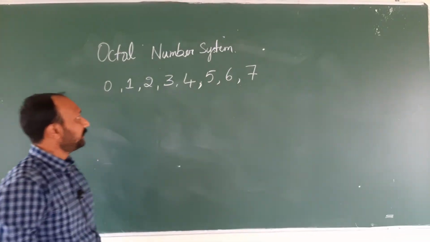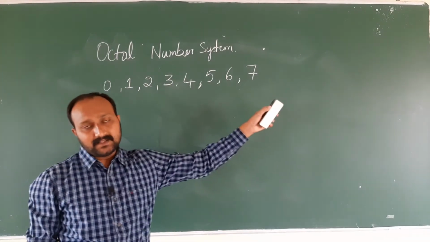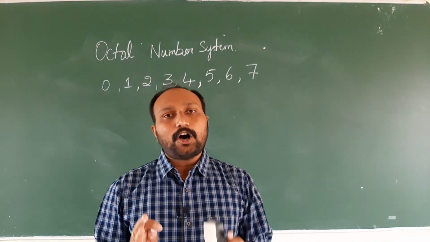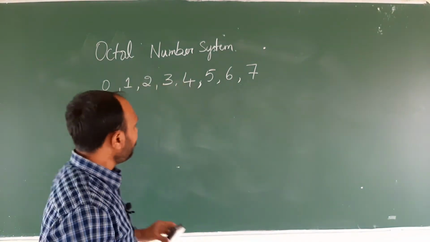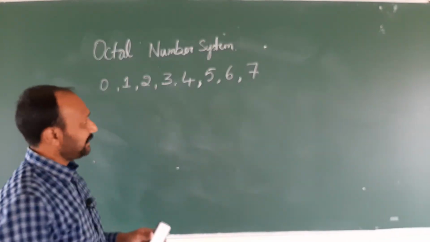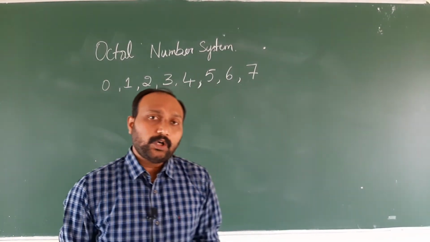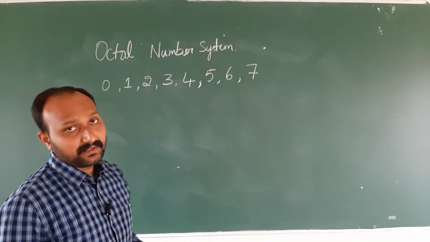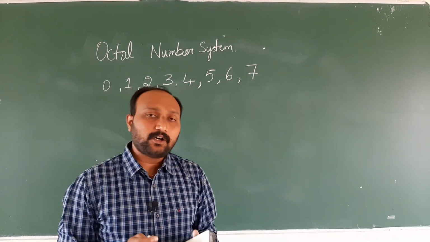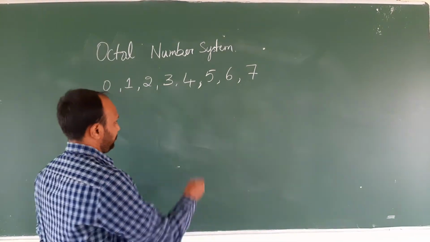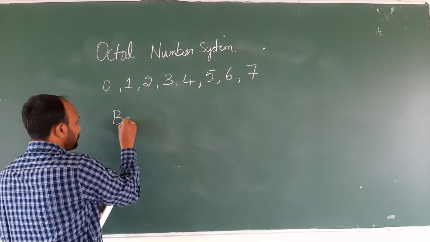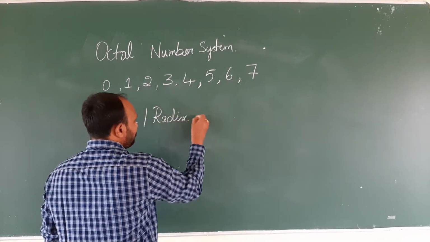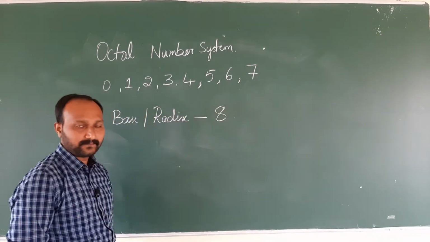These are the 8 different symbols used to represent a number in octal. Since there are only 8 symbols, the base or radix of the octal number system is 8.